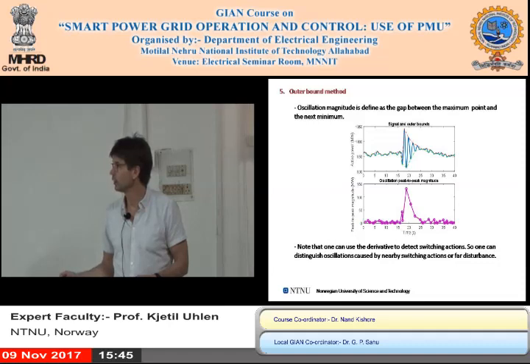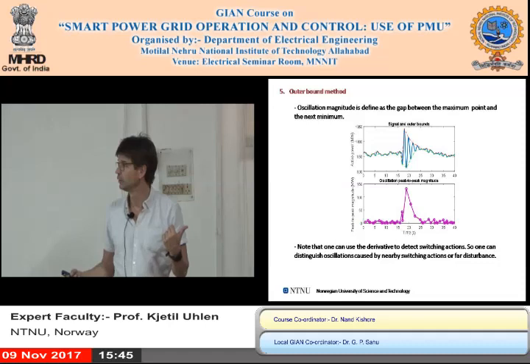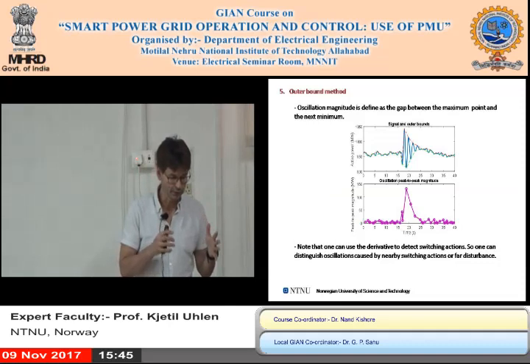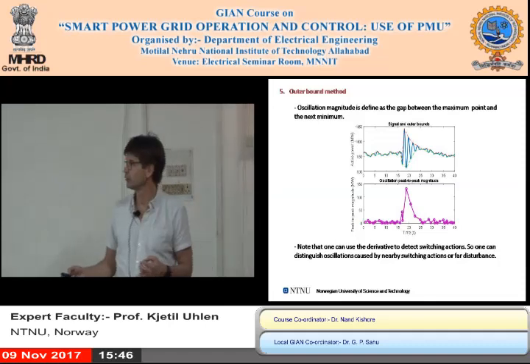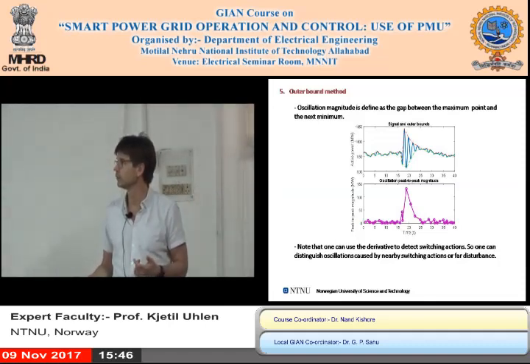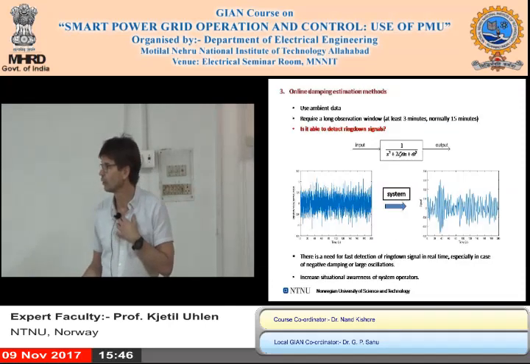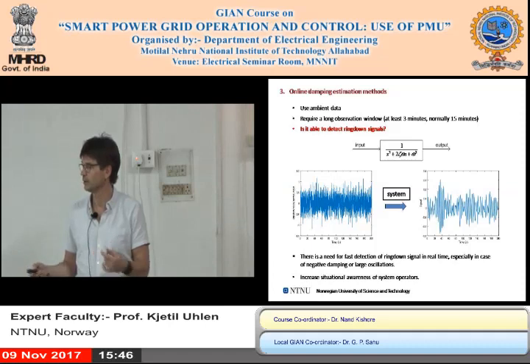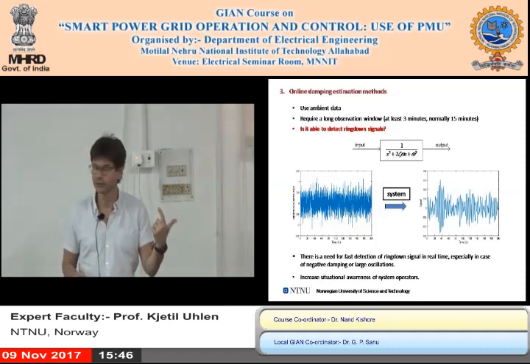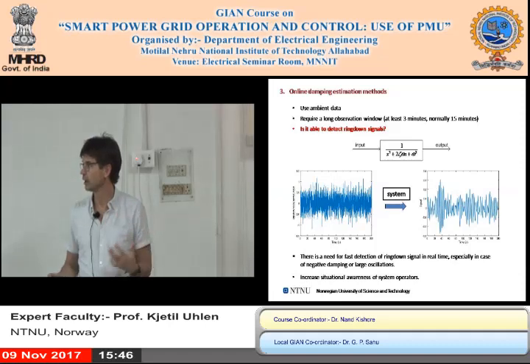If you're able to do that on ambient data with some kind of accuracy, you have a power oscillation monitoring algorithm. With this, this takes time. So the question is, is it able to detect the ring down itself and compute the magnitude of oscillations and the damping based on that, and then give very quickly an alarm to the operator that something is happening so that they can take action.